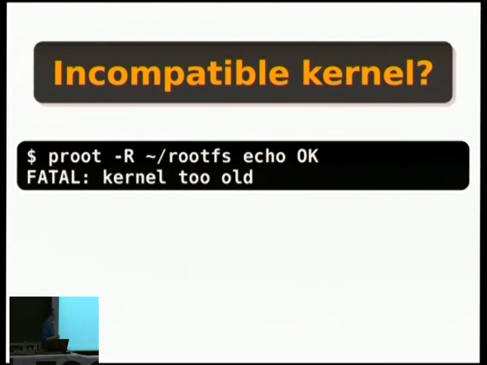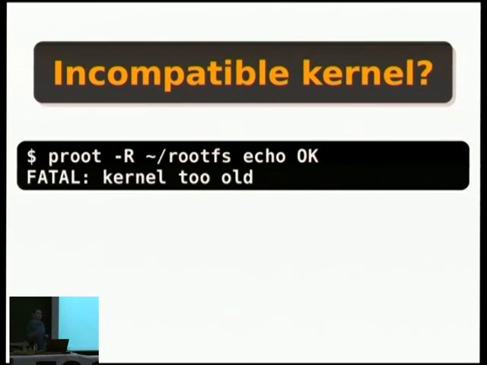Now, if you try to PRoot into a root file system, you might get this message. The -R option here is just like if you try to remap rootfs over /, which is just an alias. This error is raised by the standard C library from the specified root file system.